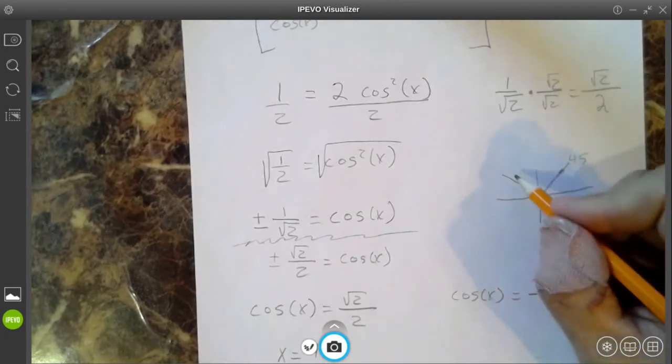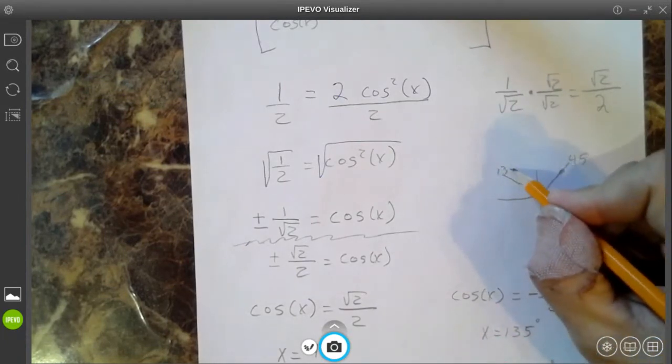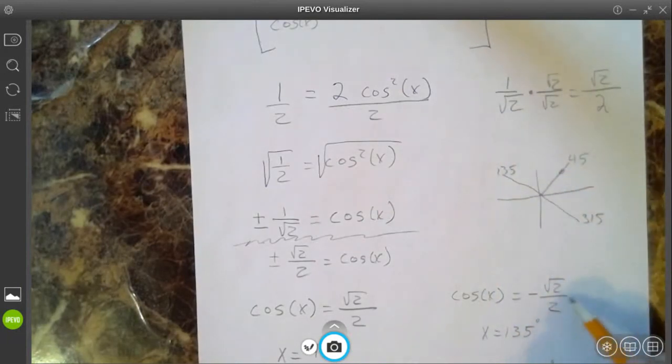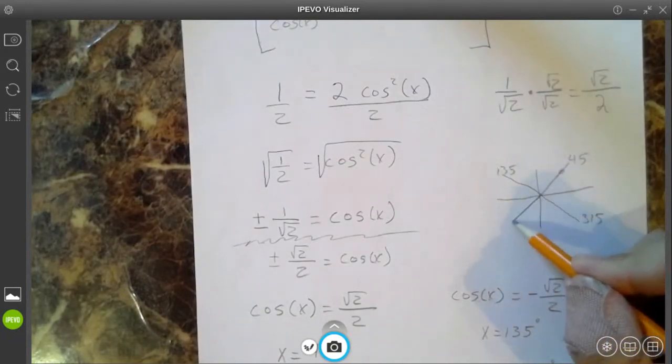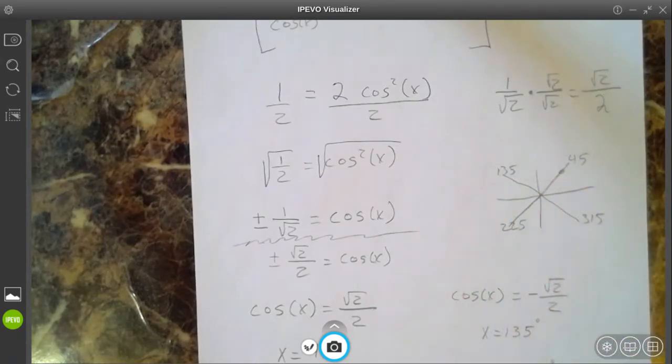In quadrant 2, that's going to be x equals 135. And in quadrant 3, 180 plus 45 is 225. So here's your 135 angle, that's going to give you negative root 2 over 2. And in quadrant 3, it's also going to be negative root 2 over 2 at 225 degrees.